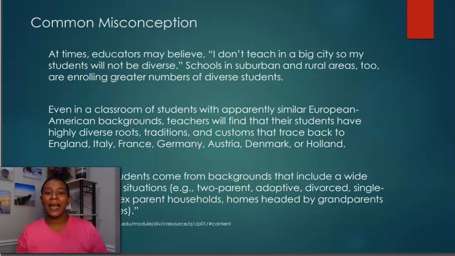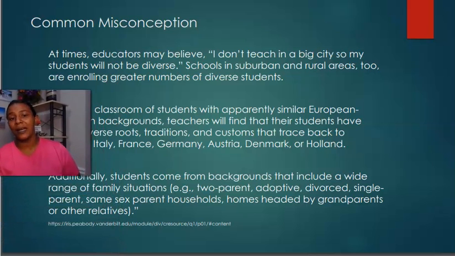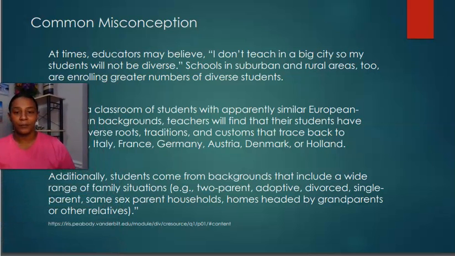Even in a classroom of students with apparently similar European American backgrounds, teachers will find that their students have highly diverse roots, traditions, and customs that trace back to England, Italy, France, Germany, Austria, Denmark, or Holland. So it's important to remember that there are many different kinds of people all over the world.